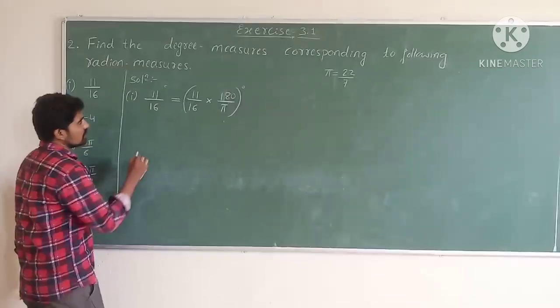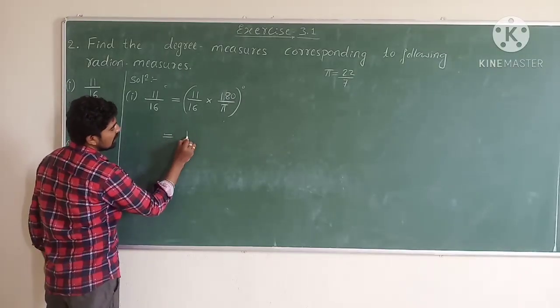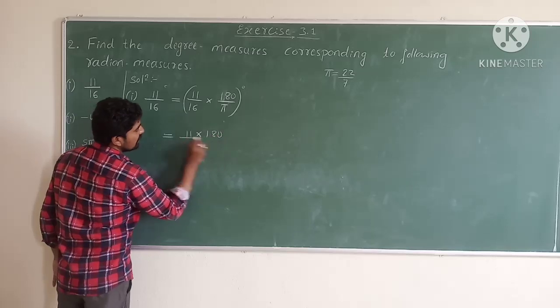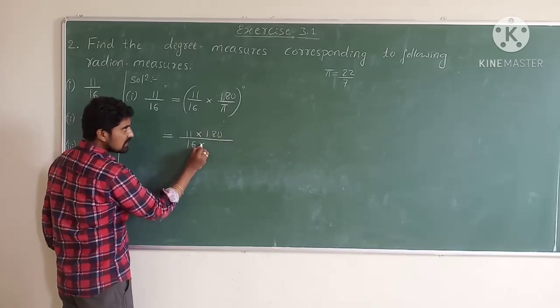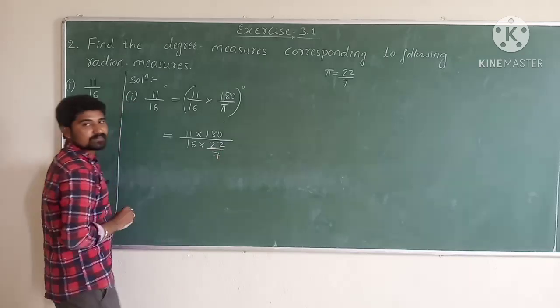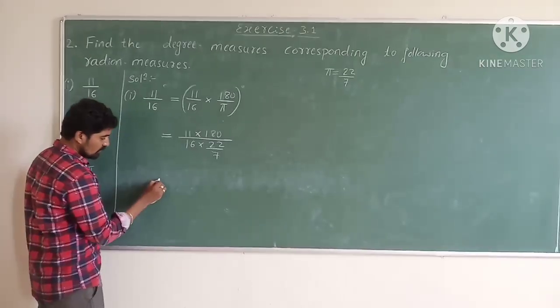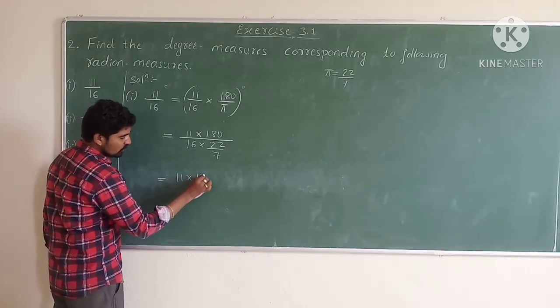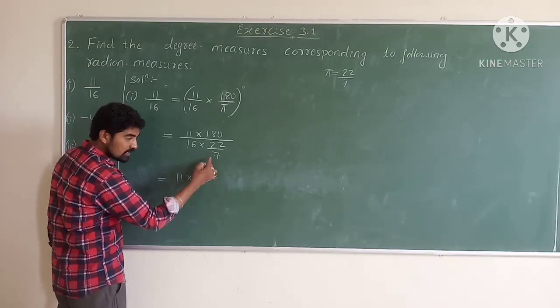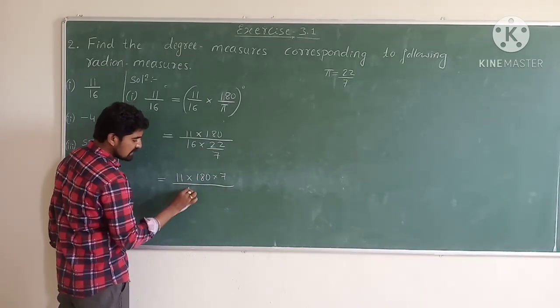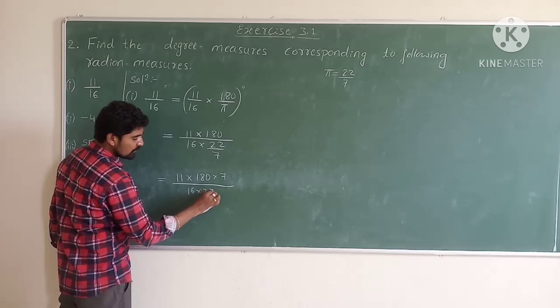So therefore, 11 into 180 divided by 16 into pi, meaning 22 divided by 7, which is equal to 11 into 180 into 7 divided by 16 into 22.